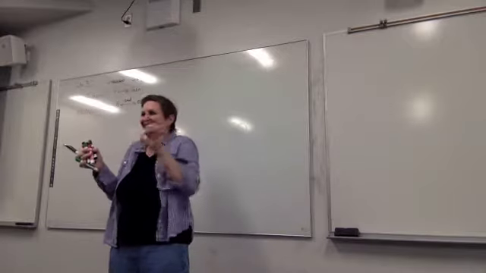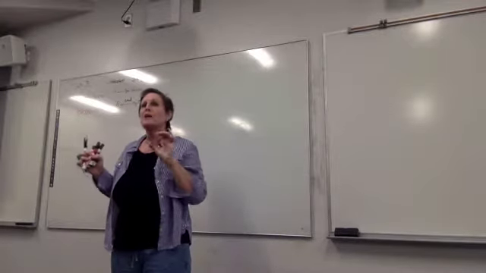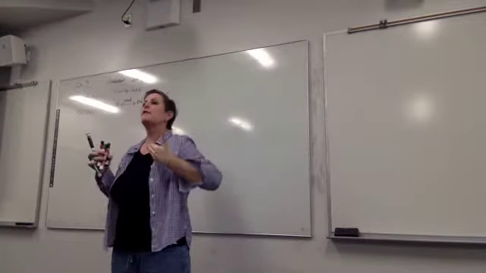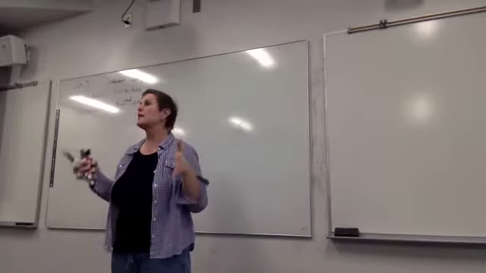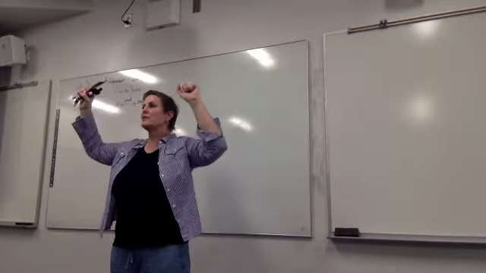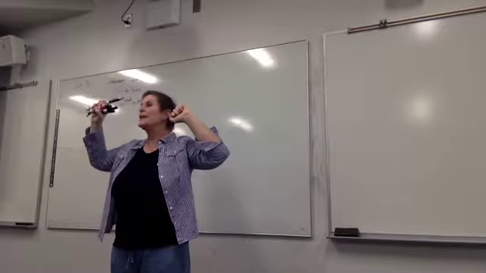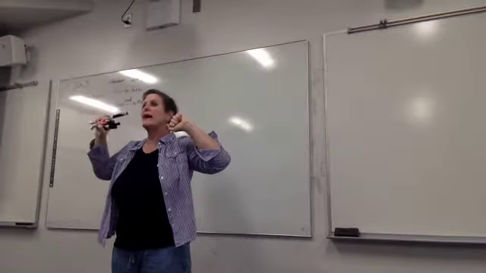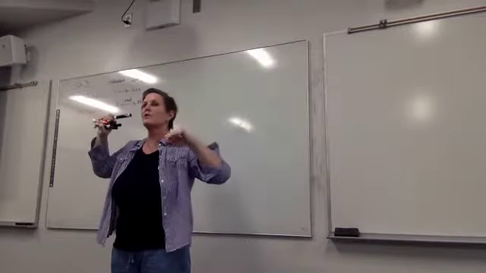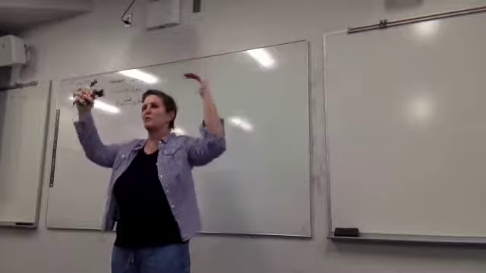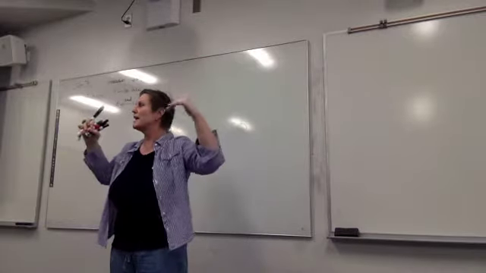The material conditional has truth values that reflect the concept of validity. So you can have true premises, true conclusion. You can't have true premises, false conclusion. You can have false premises, true conclusion. You can have false premises, false conclusion. So rows 1, 2, 3, 4 of the truth table.